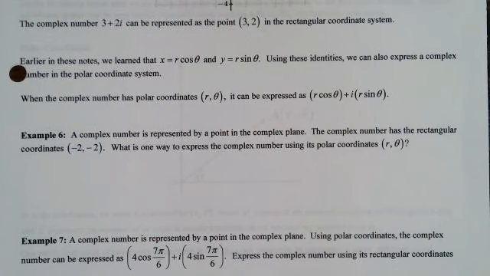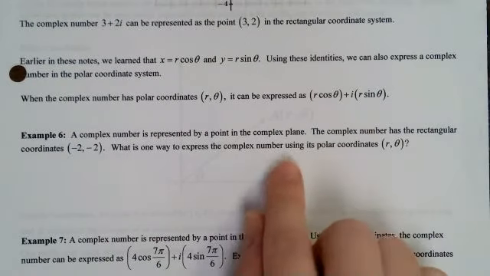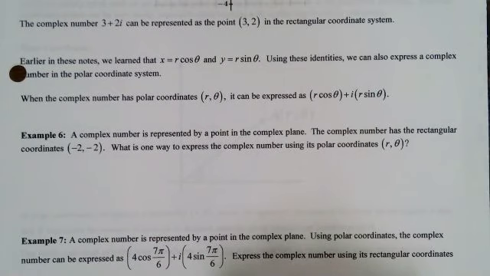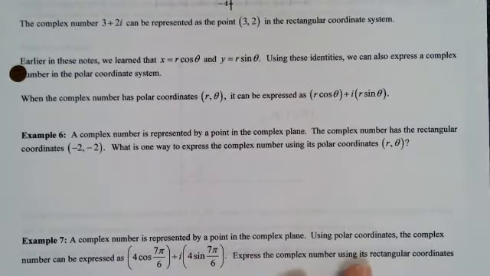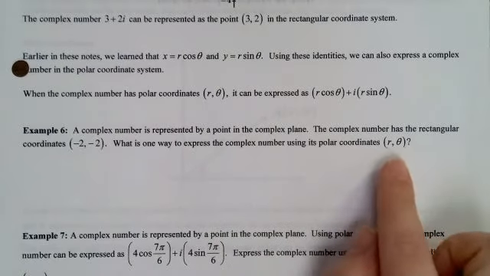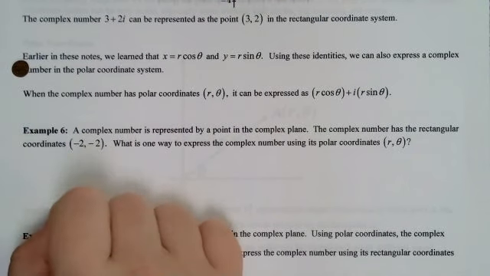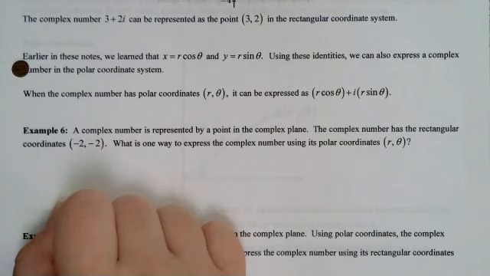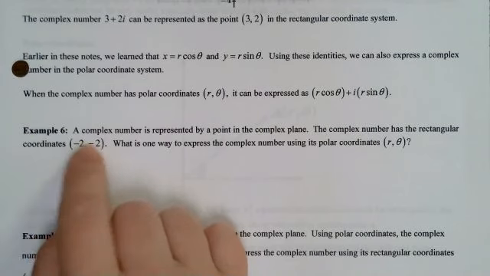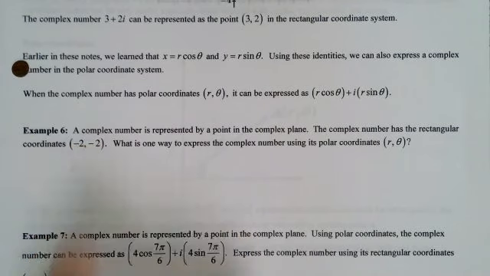because they said that they want us to express the complex number using the polar coordinates r, theta. But what they gave us are the rectangular coordinates. So if they did not include this last little sentence here, I would just jump to taking these rectangular coordinates and writing them as the complex number -2 minus 2i. That's all I would need, because you can just take those values as the a and the b and plug them in a plus bi.